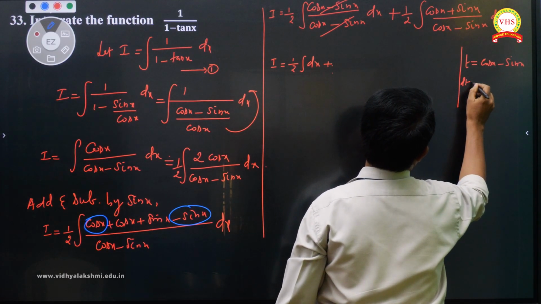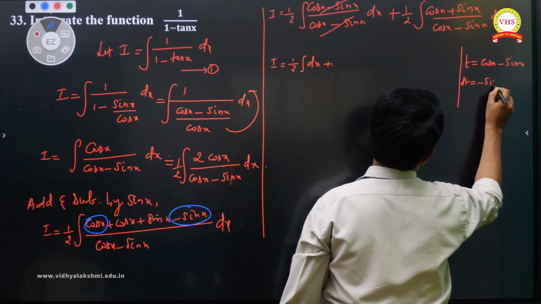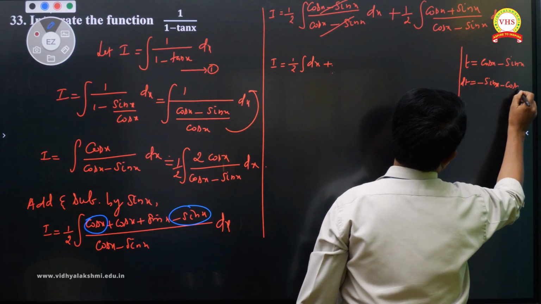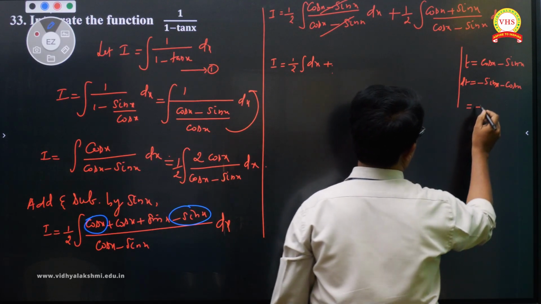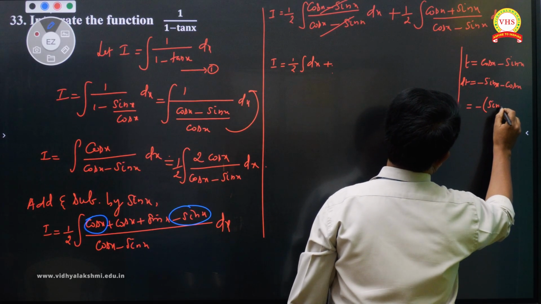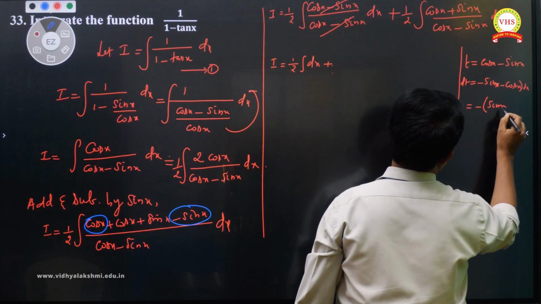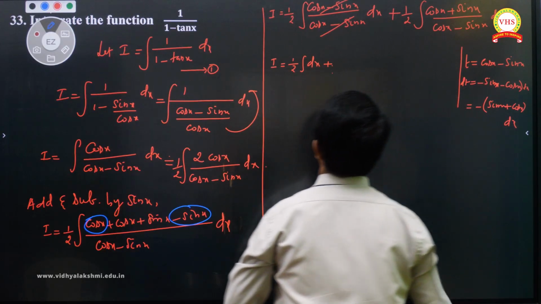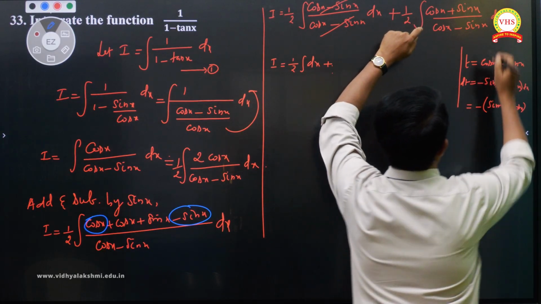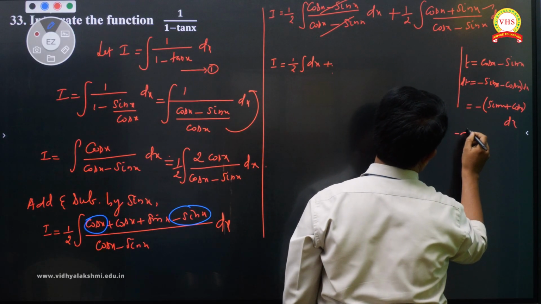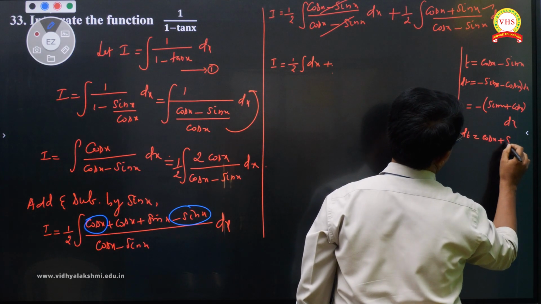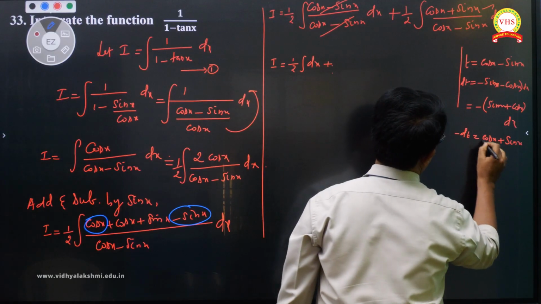Then dt equal to minus sin x, minus cos x, since the derivative of sin x is cos x. Now take the minus outside. The remaining is sin x plus cos x, or cos x plus sin x, into dx. We need only cos x plus sin x in the numerator, correct? That means moving the minus to the left side, dt equal to cos x plus sin x into dx.